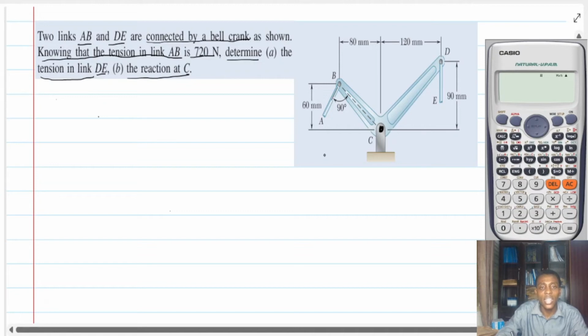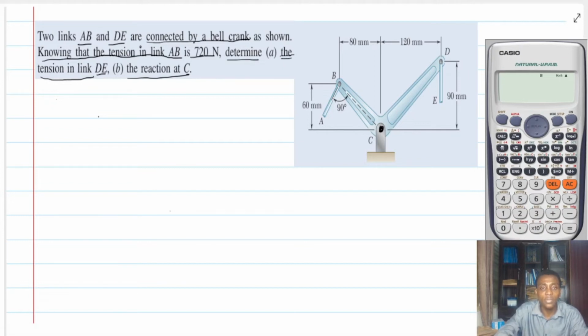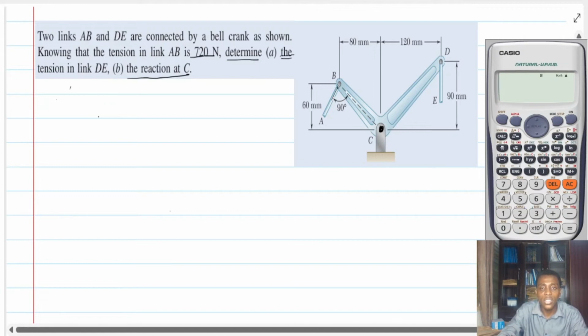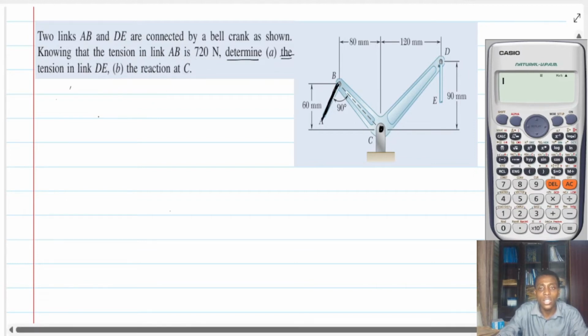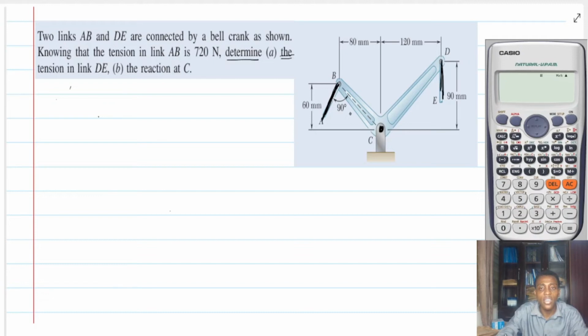Our task is to find the tension in DE. This is AB, and the tension in AB you have been given. But we should find the tension in this one, DE, and then find the reaction over here. So how can we solve this problem?